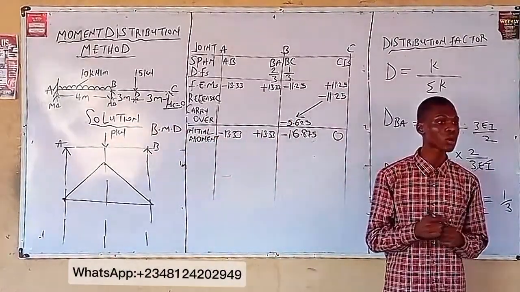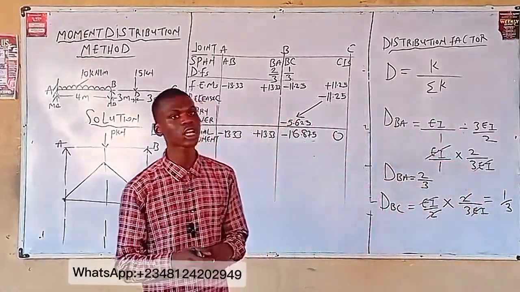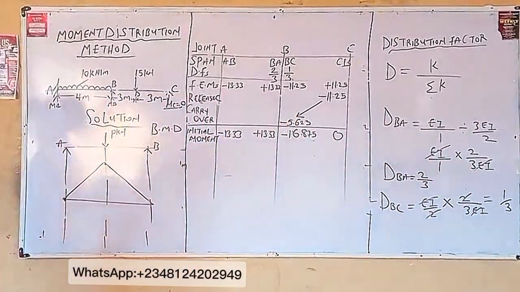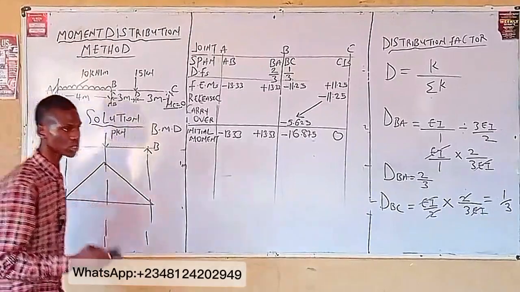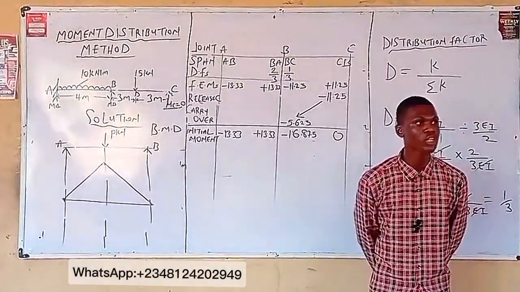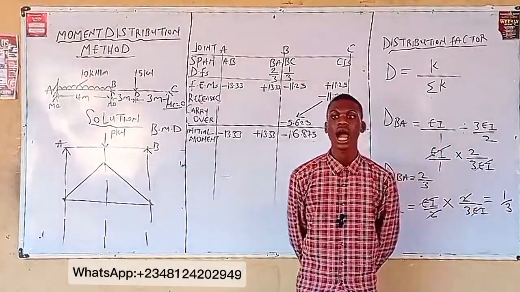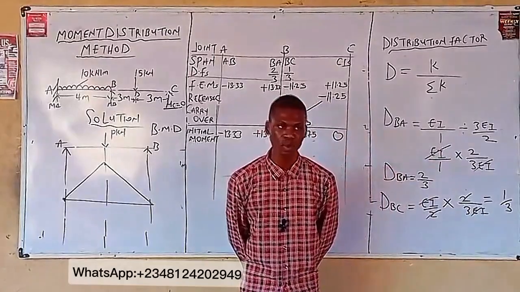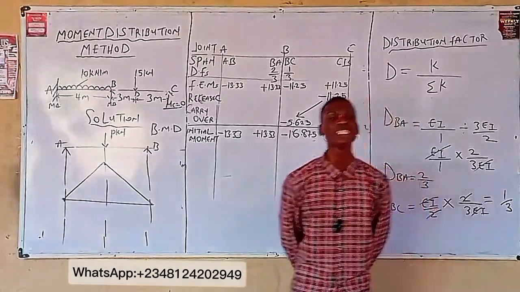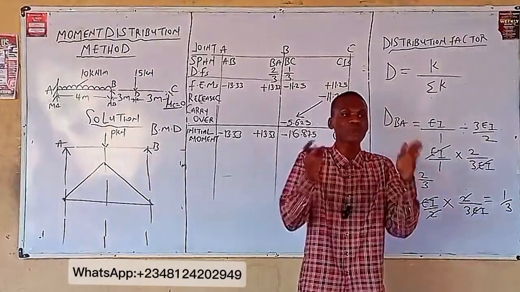Take note, your excess moments occur at the intermediate support. When we say intermediate support, meaning the support you have at the midspan of your beam.